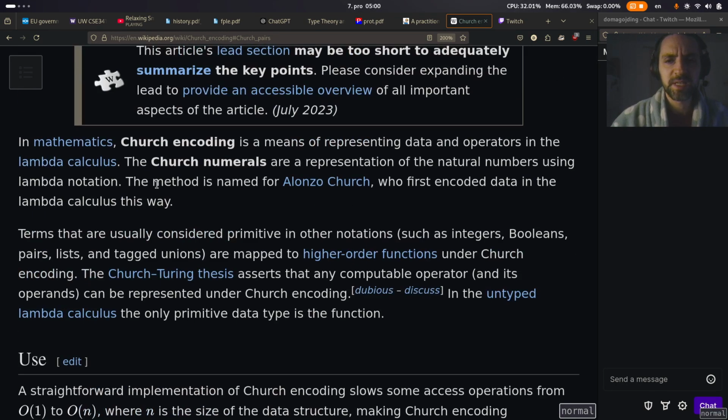It means representing data and operators in the Lambda Calculus and church numerals. So these are all like things that we take, you know, like in a more concrete way, but here they are represented as functions. Representation of the natural numbers using lambda notation.